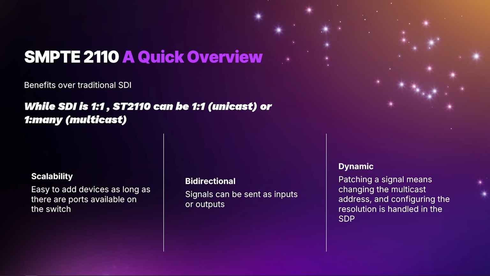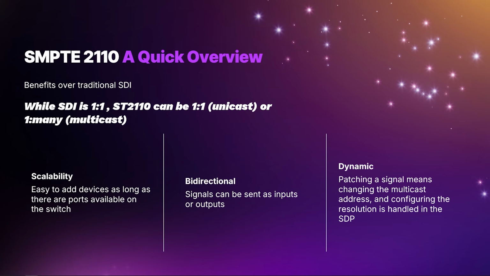With SDI, each port specifies whether it's an input or an output. SMPTE 2110 can be bidirectional, so you can send and receive on the same port, which is quite powerful. That also makes it very flexible and easy to scale.